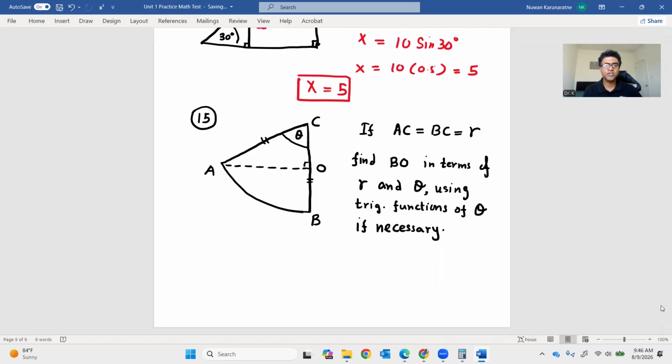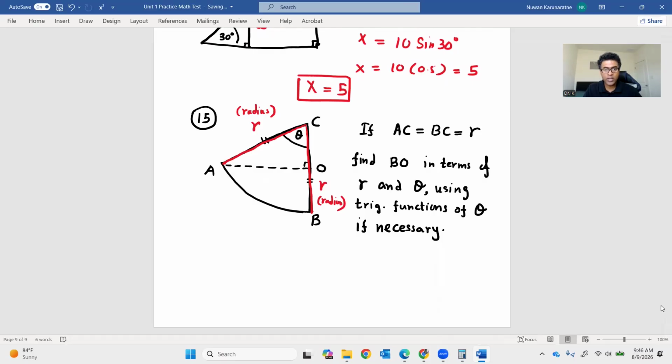This is like part of a circle. You can see AC equals BC, that's R. So it's like the radius. This is like the radius, guys. That's like the radius. So this entire thing is R, and this entire thing is also R. The objective is to find BO.